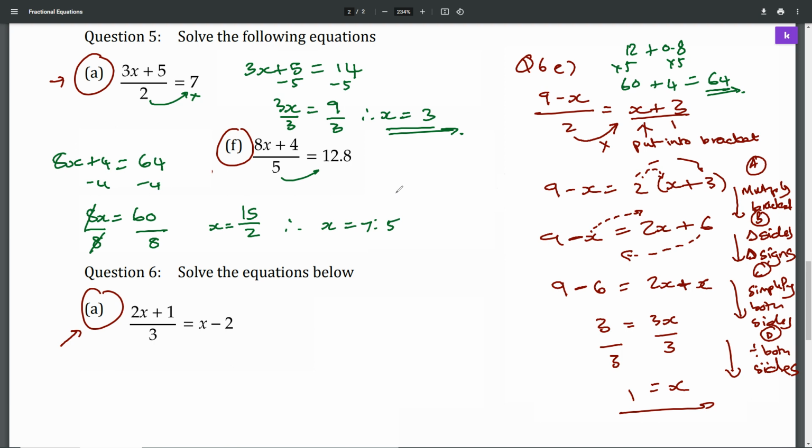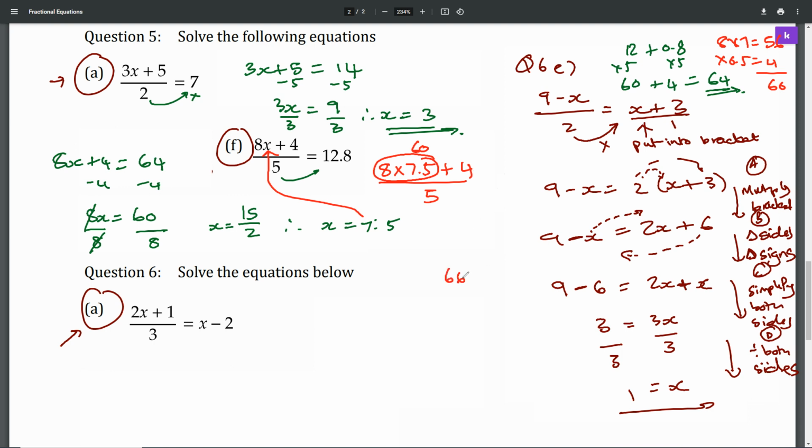Now, do I have an error in this question? Because it looks weird. It's worth checking, right? So let's say I substitute this back into this equation here. 8 times 7.5 plus 4, divided by 5. Now, all we have to do is work out 8 times 7.5. Let's work that out as well somewhere here. So we got 8 times 7 is equal to 56, and 8 times 0.5 is equal to 4. So that comes to 60, right? 60 plus 4 is 64, and 64 divided by 5.